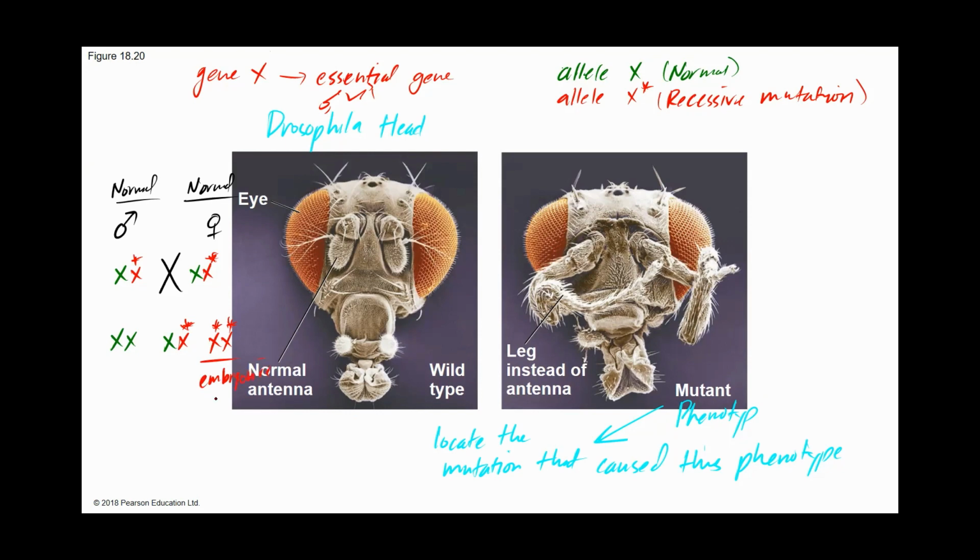But here we will have just a mutant phenotype. So this progeny will live, but it will have a mutant phenotype. Maybe it will show a mutant phenotype during development, but later on it might develop into a normal fly.